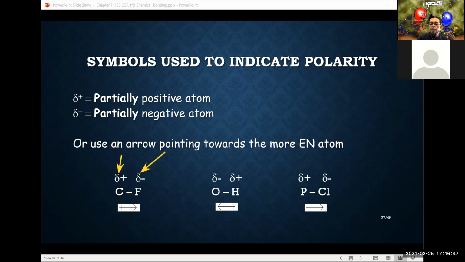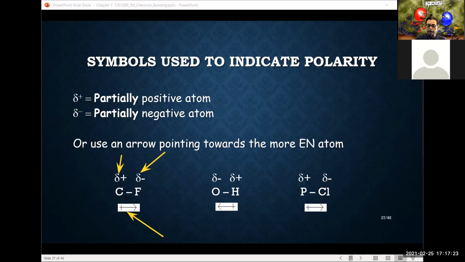That means a partial charge, not a full-fledged negative charge like ionic compounds have. The partial means just a little bit of negative or a little bit of positive. We also draw an arrow with a plus mark on the end of it. The arrow part points to the most electronegative element. The plus part points to the least electronegative element in that bond.